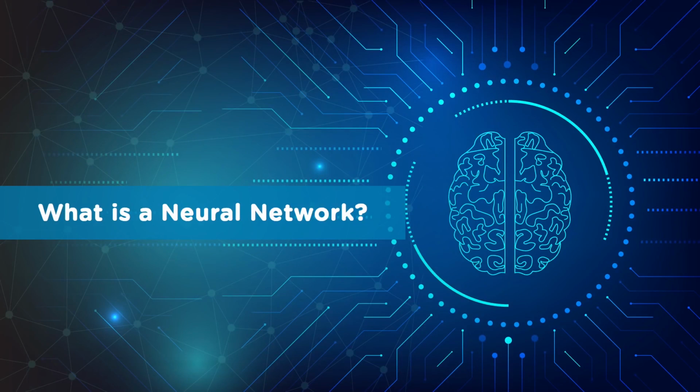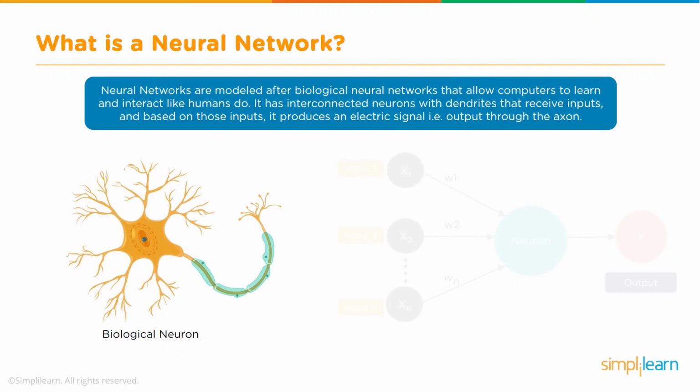Now, as I mentioned, one of the secret sauces of deep learning is neural networks. Let's see what neural networks are. Neural networks are based on our biological neurons. The whole concept of deep learning and artificial intelligence is based on the human brain, and the human brain consists of billions of tiny cells called neurons.